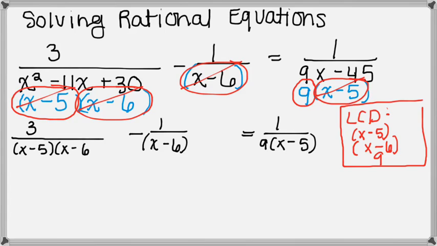Then if that's our least common denominator, we have to look to see what to multiply for each one. Well, x minus 5 times x minus 6 is just missing the 9, so I'm going to multiply by 9 over 9. The x minus 6 is missing the 9 and the x minus 5, so times 9 times x minus 5, the top and the bottom.